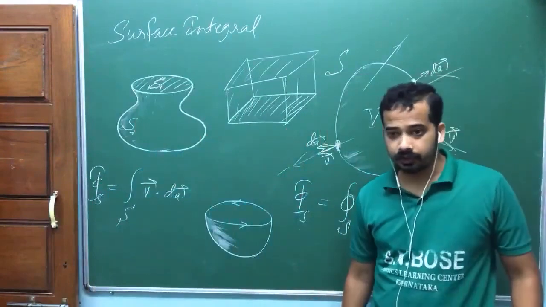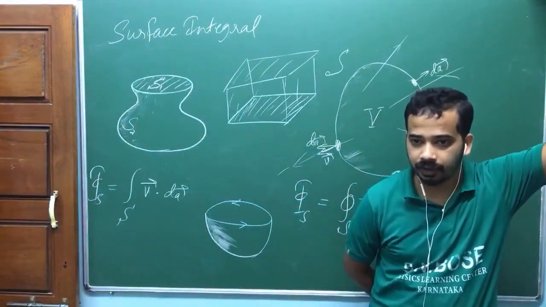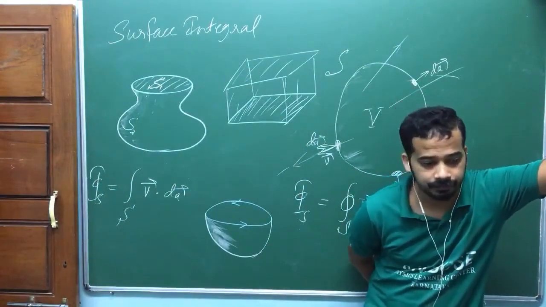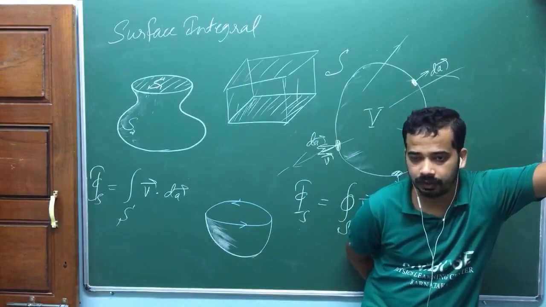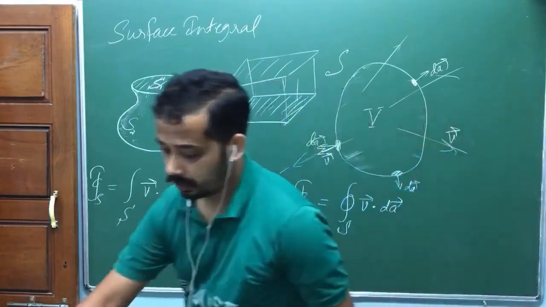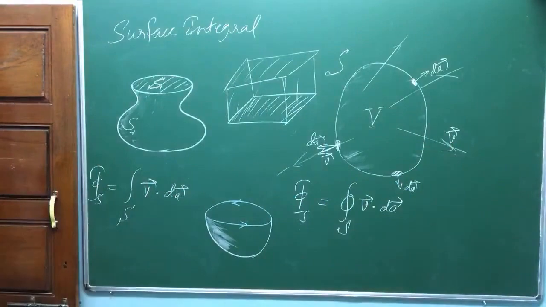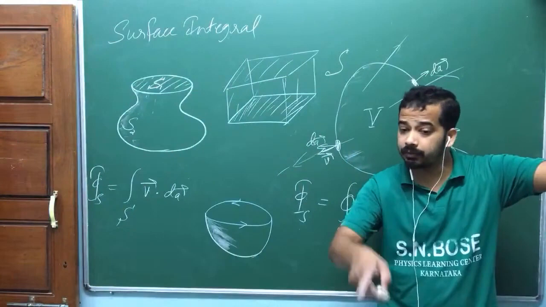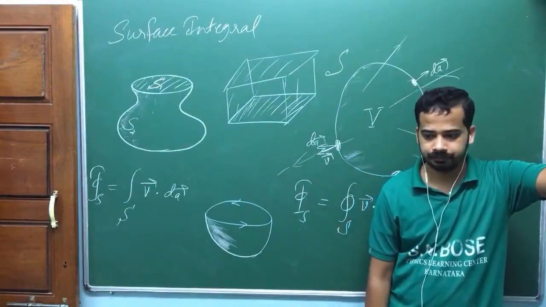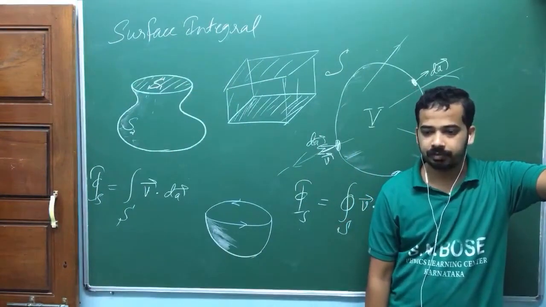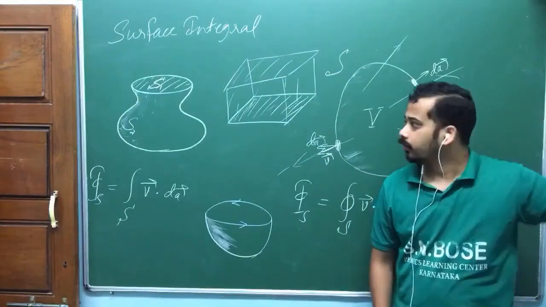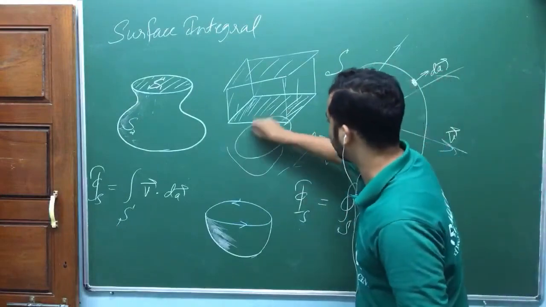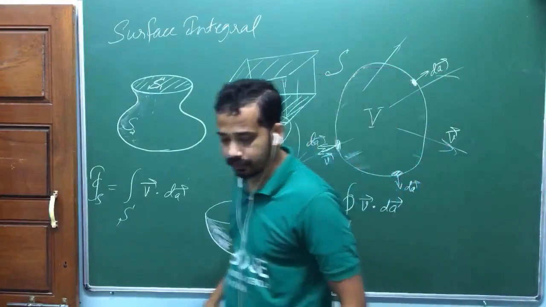There is a special class of vector field for which the surface integral is independent of the surface chosen for a given boundary line. Don't choose one surface here and another surface there, not like that. So take one boundary first, then try to define different surfaces.